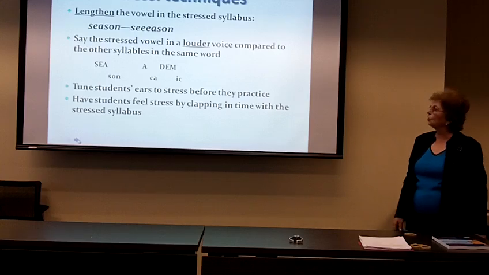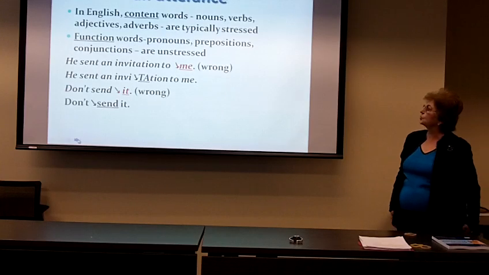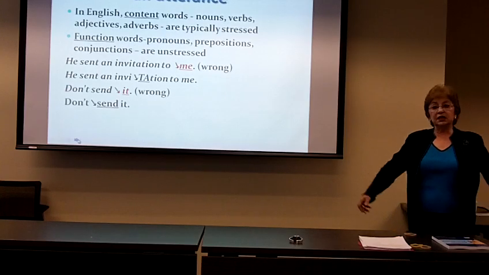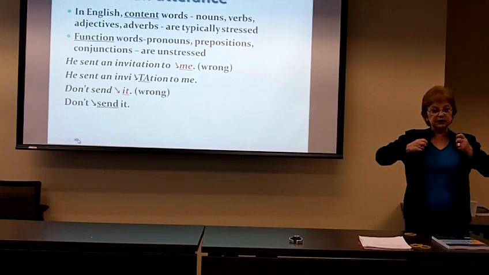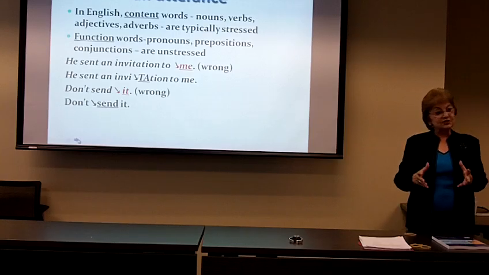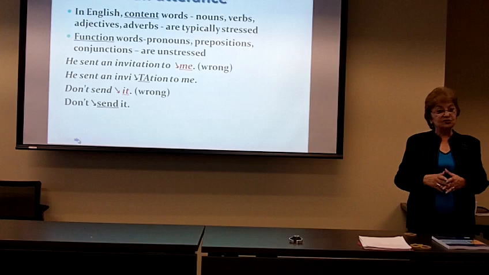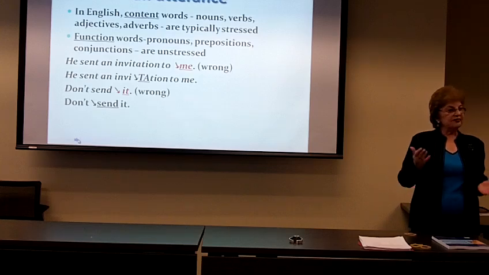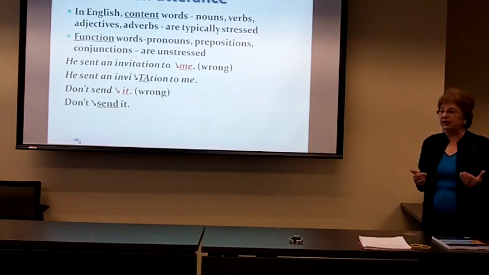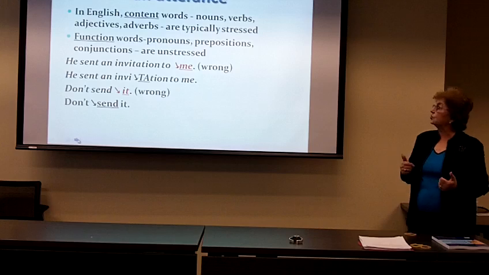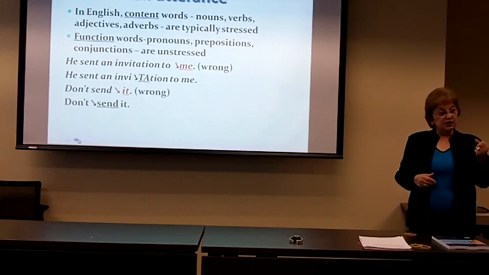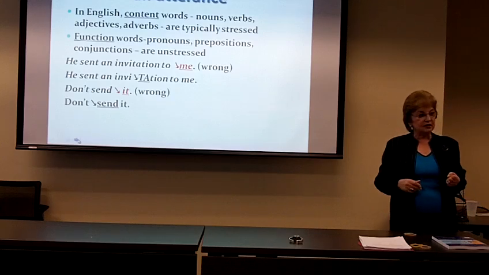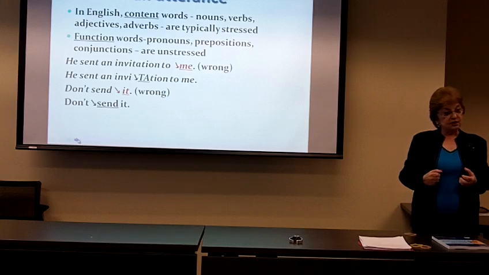Now, let's move on, please, and we've come to stress in an utterance. It so happens that in English, some words are stressed in the sentence, others are not stressed. So we have a kind of alternation of stressed and unstressed syllables. So in English, stressed words are called content words.